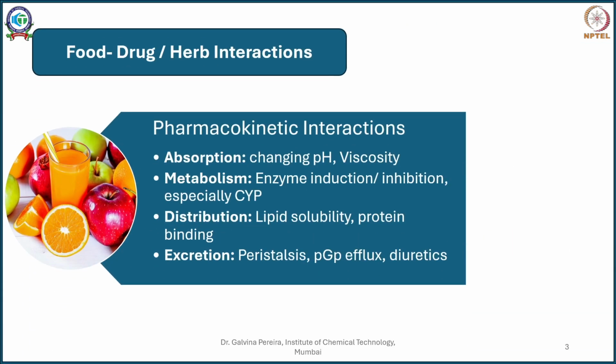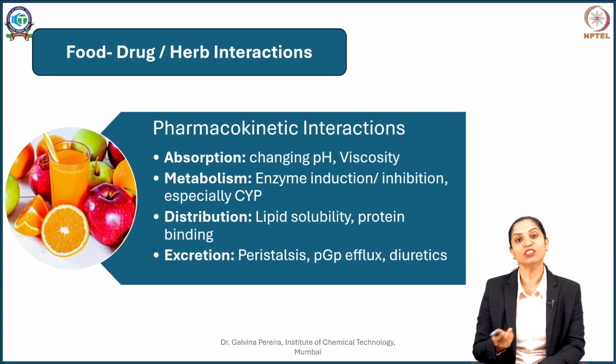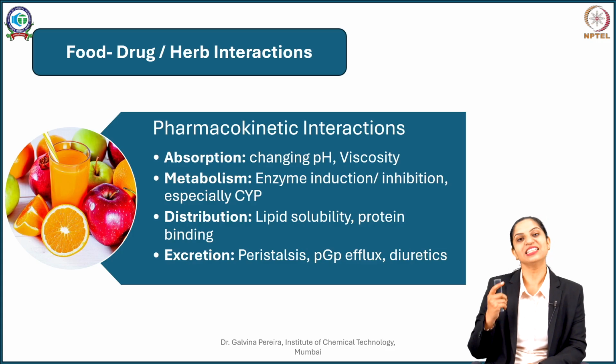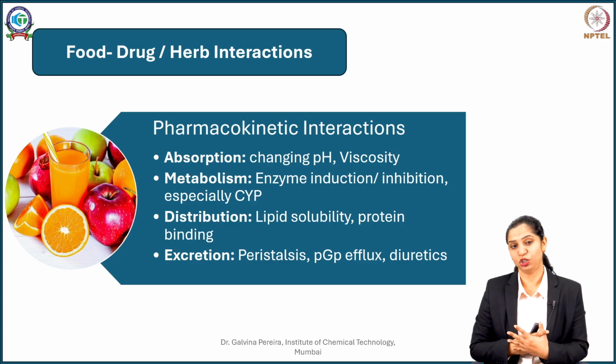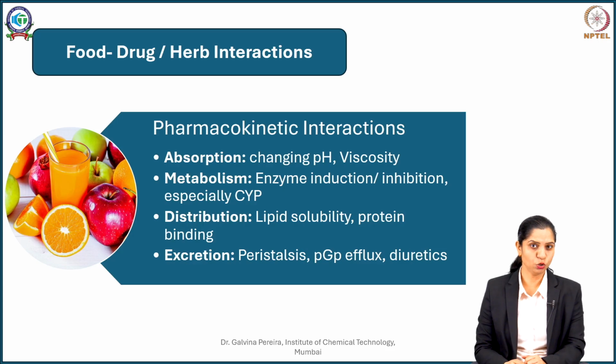So how does food interact? Food-drug or food-herb interactions can again be classified as pharmacokinetic as well as pharmacodynamic interactions. Pharmacokinetic interactions affect absorption, metabolism, distribution as well as excretion. What changes does food make to absorption?